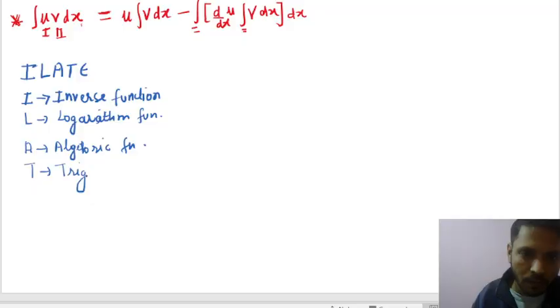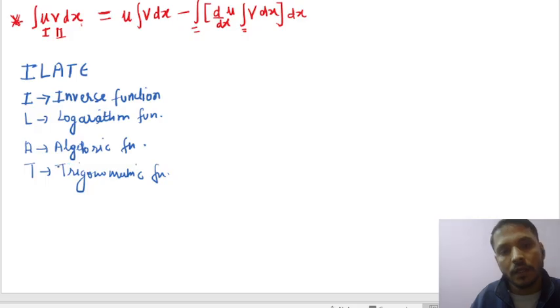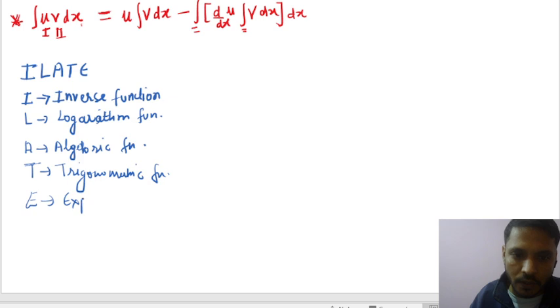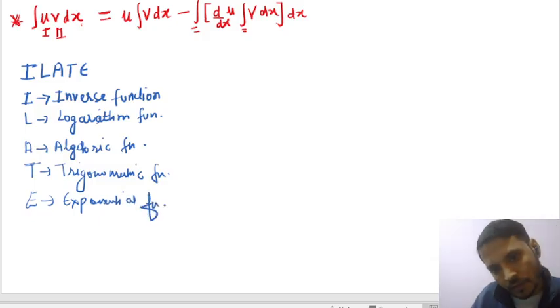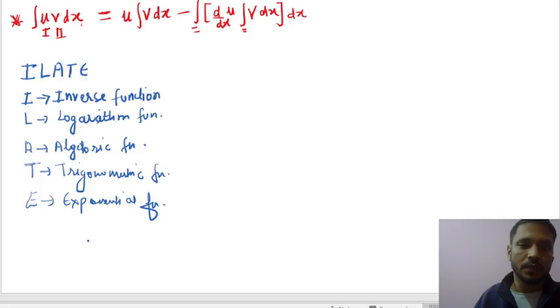Sine and cos will be involved, right? Now E. What is E? E stands for exponential functions.